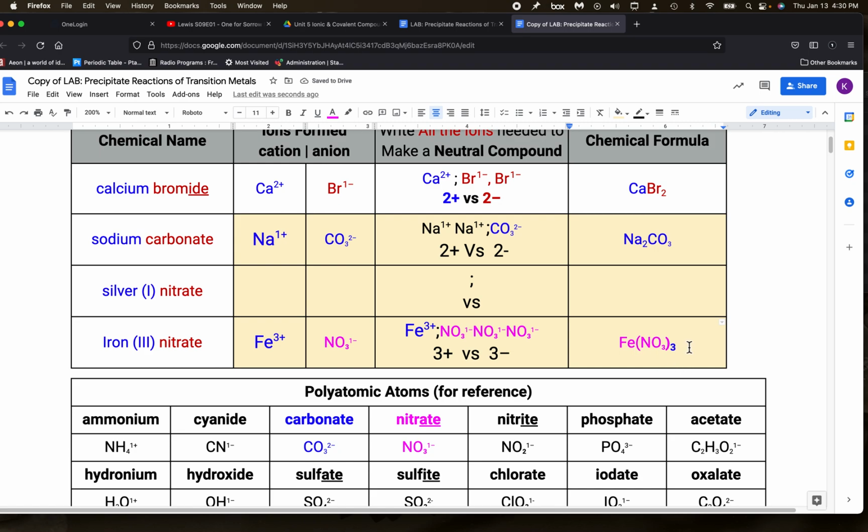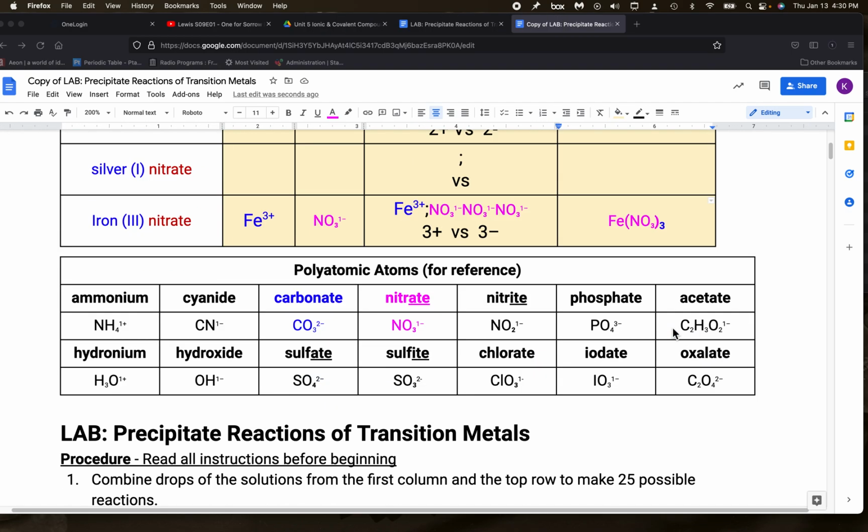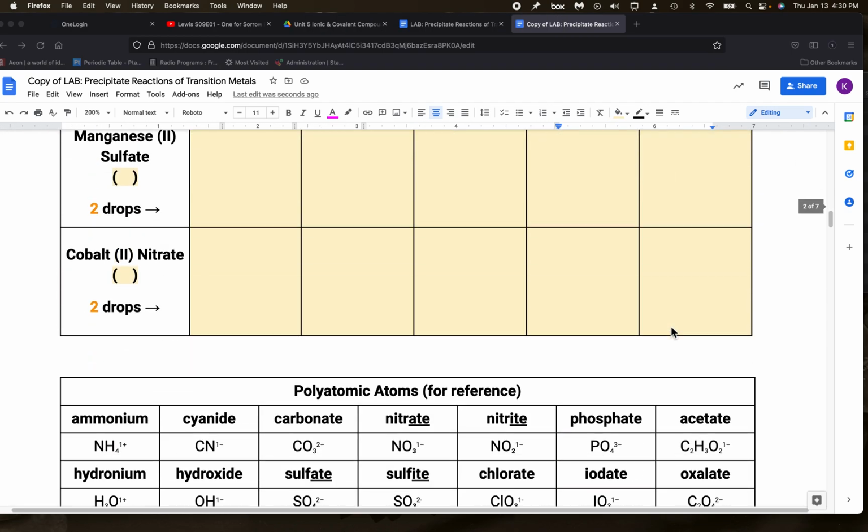So now it says 3 NO3s. So that means I have an Fe, and then I have N, and I have another one, and I have another one. So that means I have NO3 3 times.